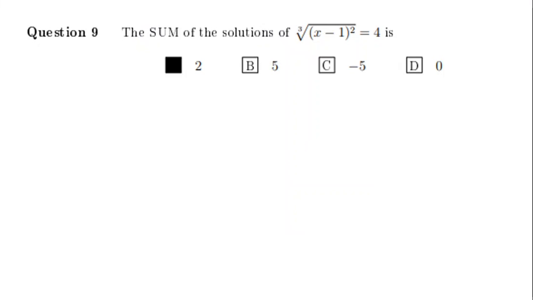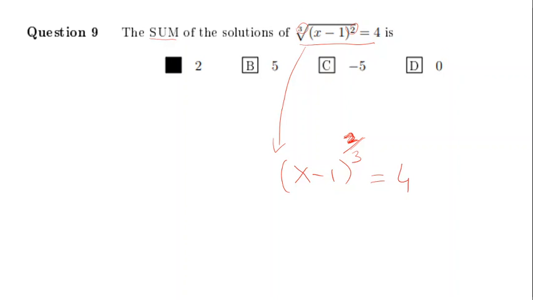Question 9. Sum of the solutions of this equation is what? Okay, now the first thing we can do here is to write this one as a power. So if you write it as a power, it will be x minus 1 to the 2/3 power is equal to 4.